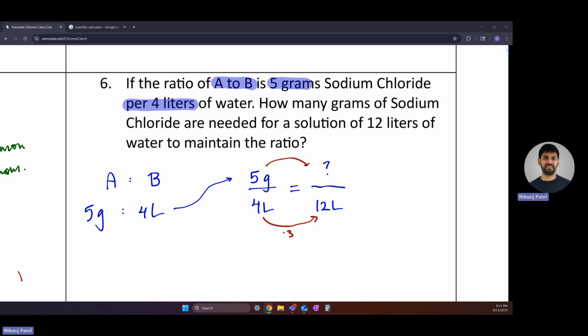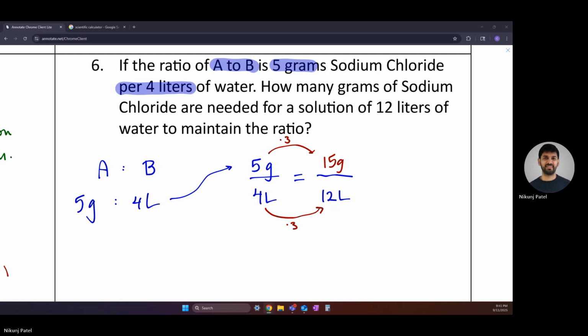So then up here, I'm going to also maintain the ratio by multiplying by 3. So we end up getting 15 grams to maintain that ratio. So the answer that you would pick here is 15 grams.